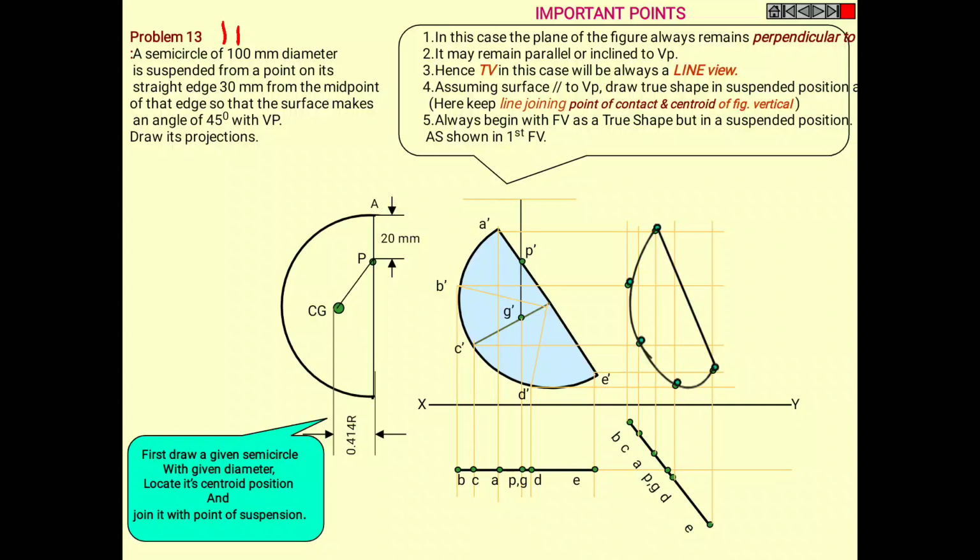Is it clear? So this is your required diagram. So today we have seen from problem number 5 to 11, so about 7 problems. So it's more than enough for today. So this is your required diagram.